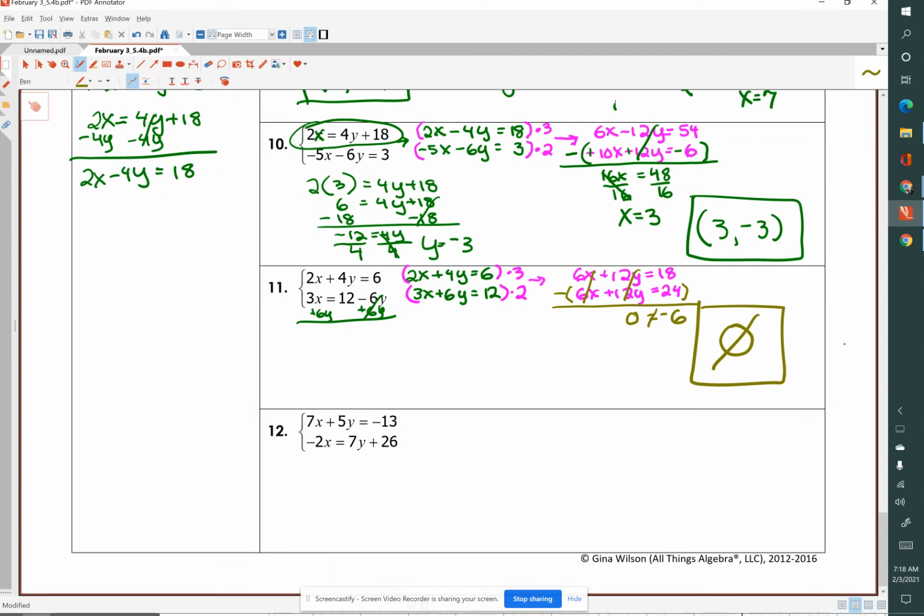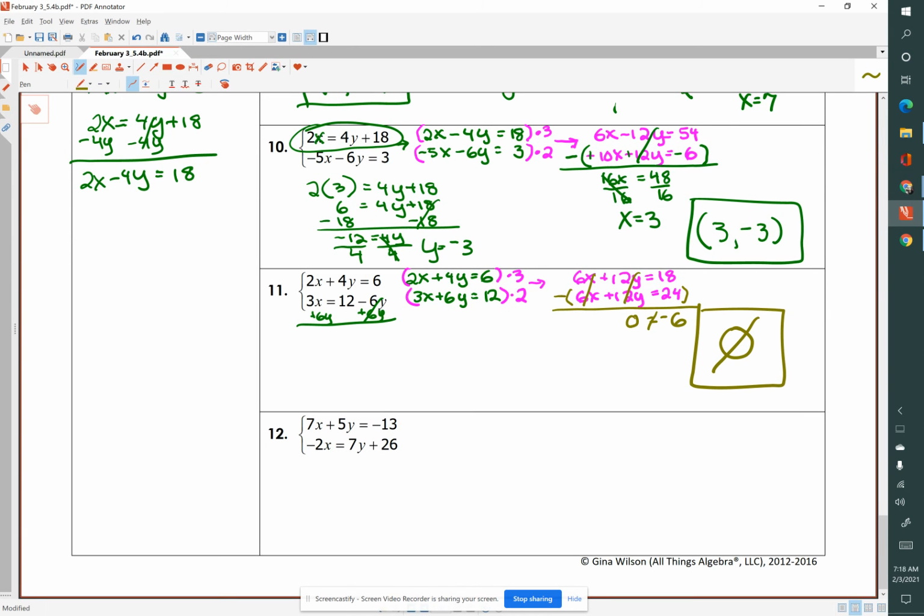In our final problem for the day, number 12, I have 7x plus 5y equals negative 13, and negative 2x equals 7y plus 26. So I need to put that second equation in standard form. I'm just going to subtract 7y from each side so that I have negative 2x minus 7y equals 26.